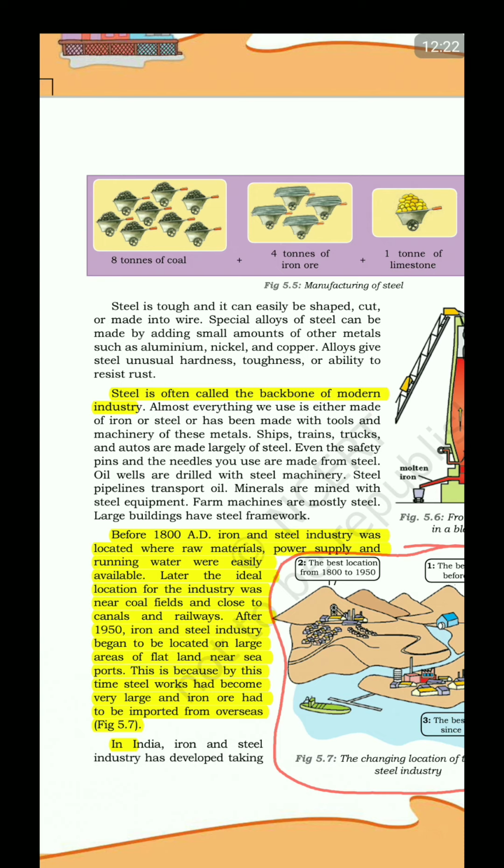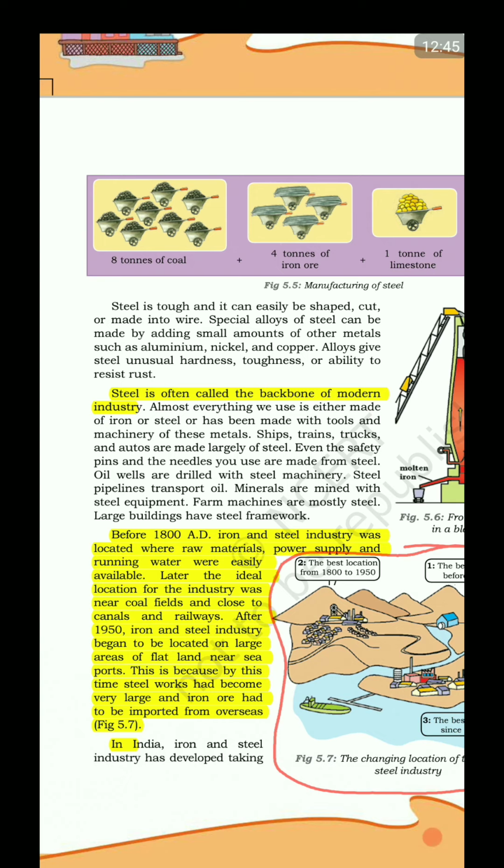Now let's see one by one the changing location of the steel industry, because with change in technology, the iron and steel industry has been changing its location, because we have been using, as I've already told, iron for 2000 years. And if you see, the technology has been changing.